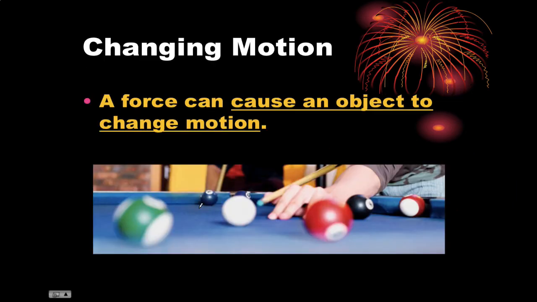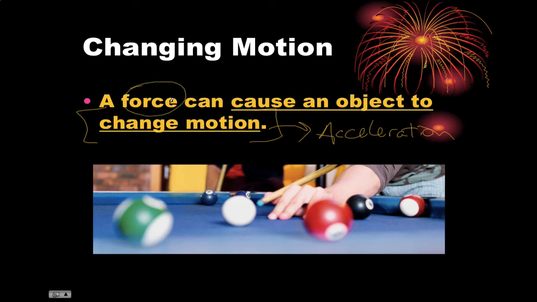called net force. But before we get there, we need to realize that a force can cause an object to change its motion. This guy right here, change motion. That should spark something in your mind, something called acceleration. So without a force, acceleration doesn't happen.